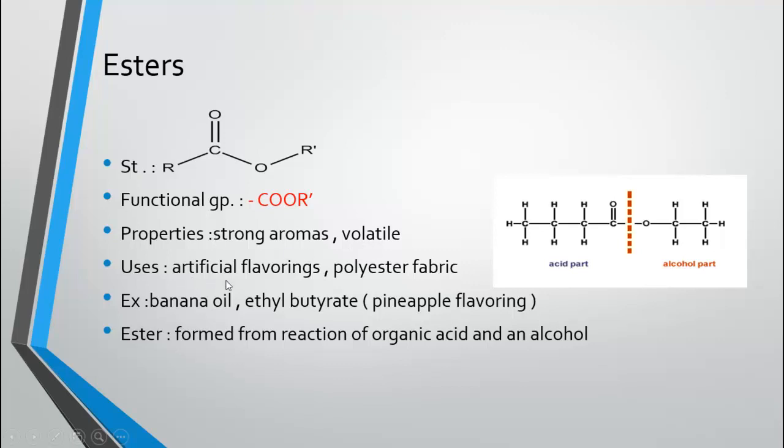We use them in artificial flavoring and in polyester fabrics. Examples of esters are banana oil and ethyl butyrate, which is the pineapple flavoring. We should know that an ester is formed from the reaction of an organic acid and an alcohol. For example, this is the structure of the pineapple flavoring, and this is the acidic part, and this is the alcohol part from the 2 compounds that go to form this ester.